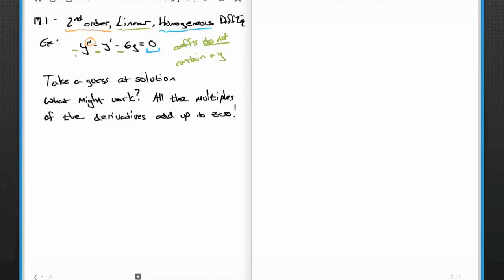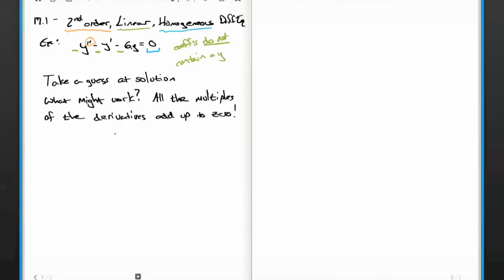So how could that be? I've got this thing plus some function of this thing plus some function of this thing. The original function and its derivative and its second derivative all equal 0. Well, the only way I can get a function and its derivative to cancel out, like if there was a polynomial x squared, well, this doesn't have an x squared in any. If this was x squared, this no longer has an x squared, so I can't get this x squared to go away. What might work?